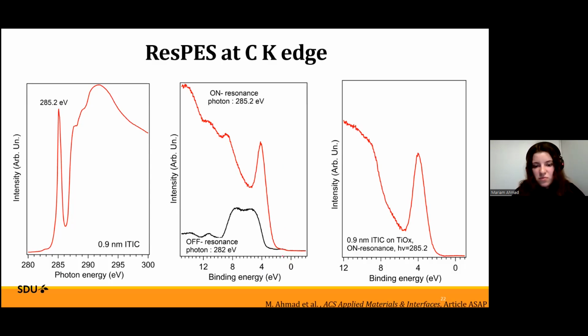To answer this question, we subtracted the off resonance spectrum from the on resonance spectrum, and we get this spectrum where there is no feature at 1 electron volt, which means that this defect state is only related to the titanium oxide itself, and the carbon HOMO states from ITIC are not contributing to this at the interface.